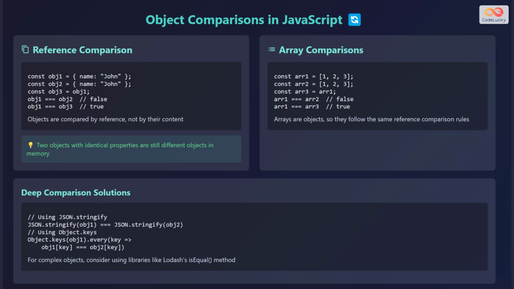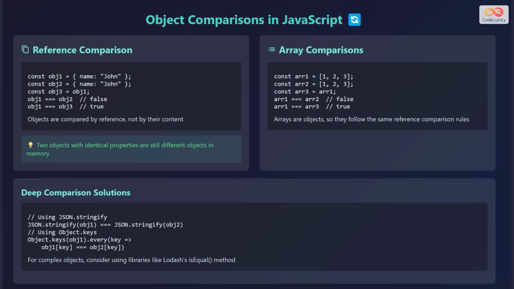Arrays are objects, so they follow the same reference comparison rules. Two arrays with the same elements are not considered equal if they are stored in different locations. For example, if you have two arrays, array1 and array2, that both contain the elements 1, 2, and 3, these are not considered equal. However, if array3 is assigned to array1, then comparing array1 and array3 returns true.